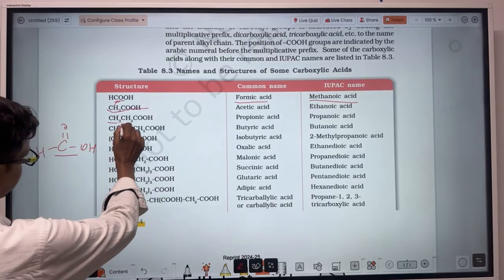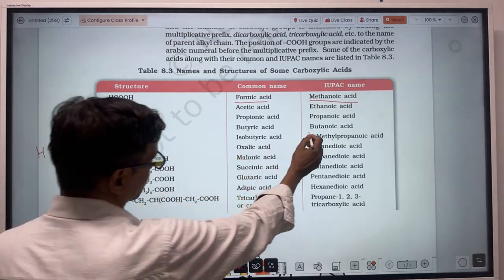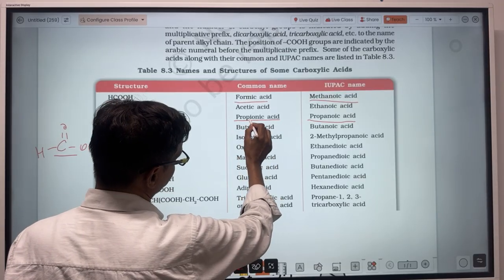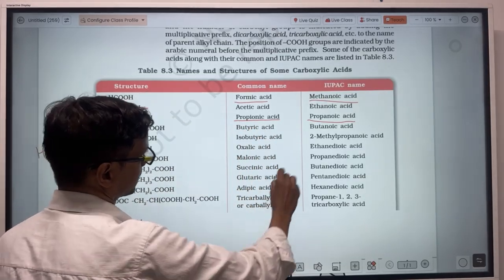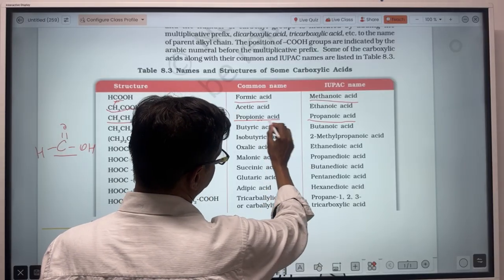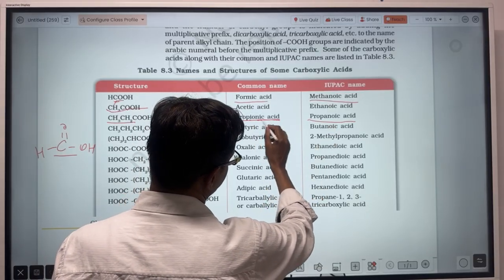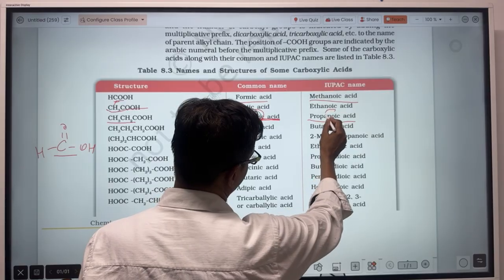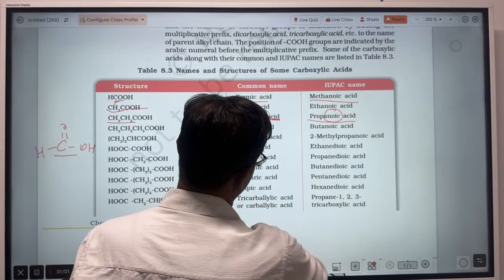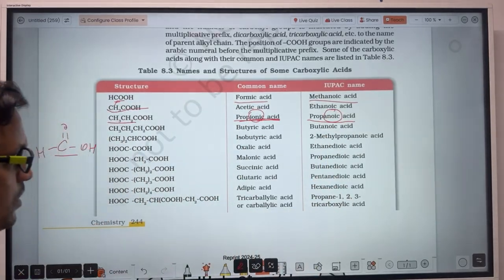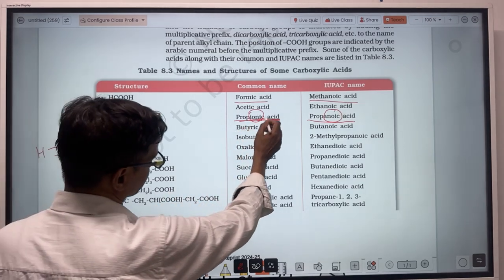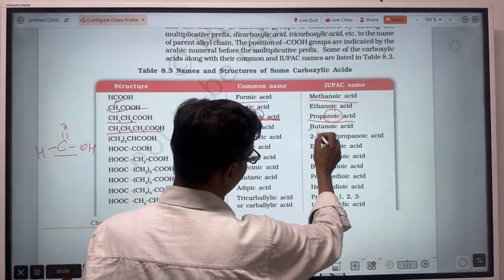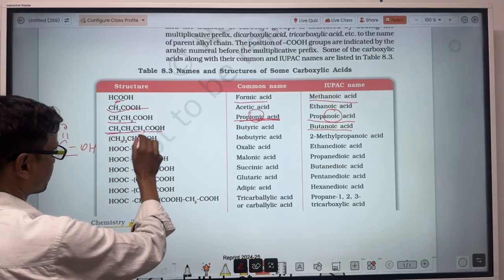Same here, if 3 carbon atoms, then propanoic acid, and the common name is propionic acid. Here is the difference: propanoic acid, and here propionic acid. And in the same way butanoic acid is the IUPAC name because the number of carbon atoms is 4.